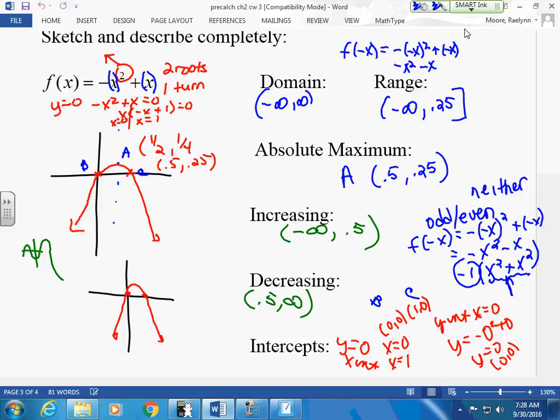So we said that's not the same. So it's not even. To be odd, every sign has to be opposite. So are they all opposites? No. If you struggle with that, take out a negative 1. This becomes a positive. This becomes a positive. Is this my original? No. So it's not odd. Odd says they all have to be the opposite sign.